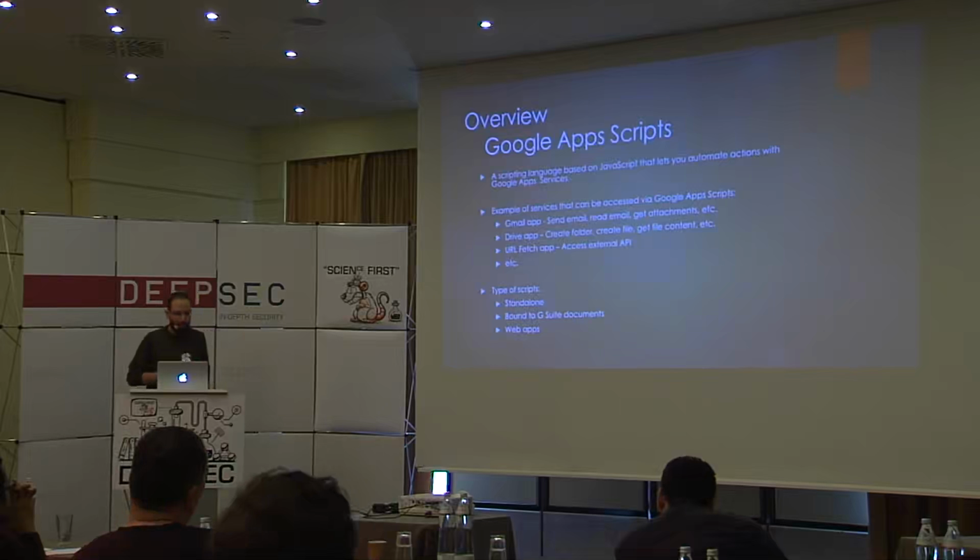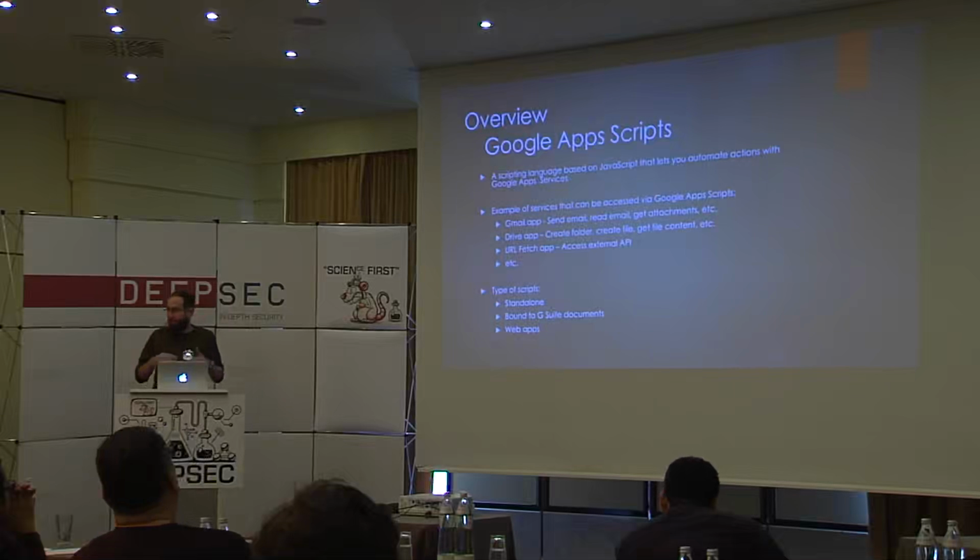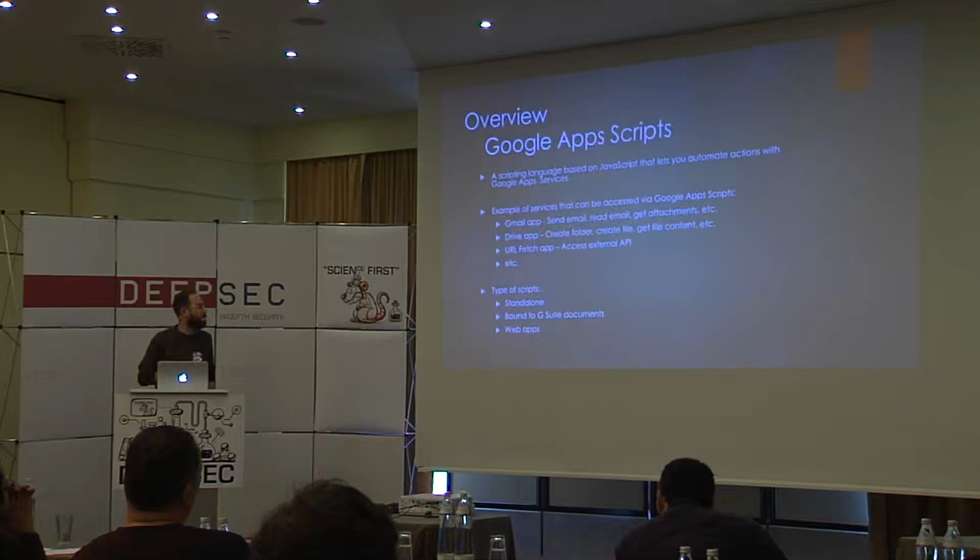So if we're talking about types of scripts, we have the standalone script, which is a regular standalone file within my Drive. To create a standalone script, we'll see an example soon enough, what I need to do is just create a file in my Drive and start coding. We also have scripts bound to G Suite documents, which is like Office macros, I'm sure all of you are familiar with them, right?